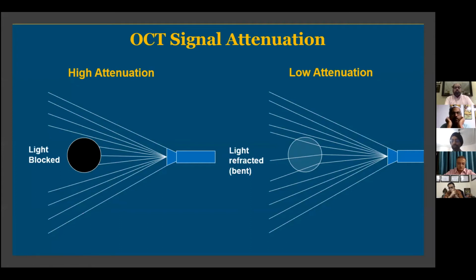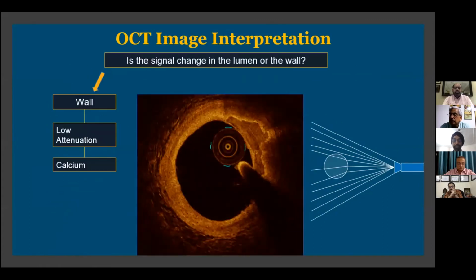So it leads to different attenuation and a different morphology of the lesion. A calcific nodule will appear as if it has borders, because the light goes through but refracts, and when the border ends, it goes normally through. So this has borders, but a different texture than the normal wall.